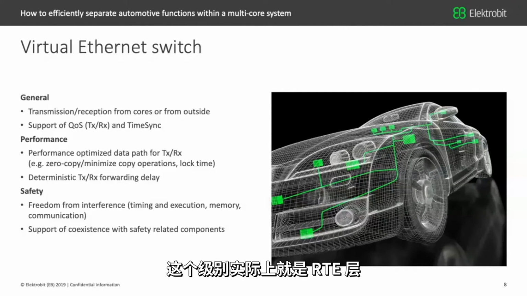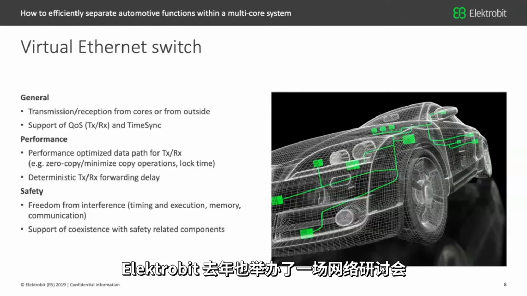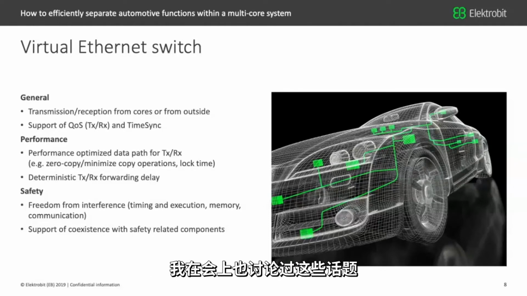Actually, on the RTE layer, we would introduce the E2E functionality for communication. By the way, there is also a webinar available from Electrobit from last year where I'm talking about these topics. So if you are interested, please check that out.